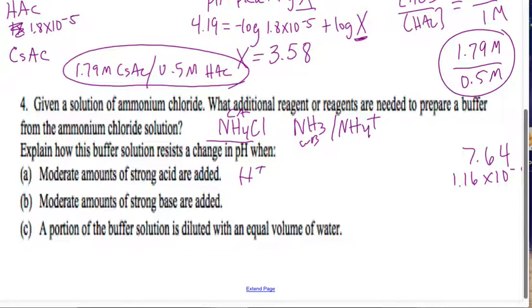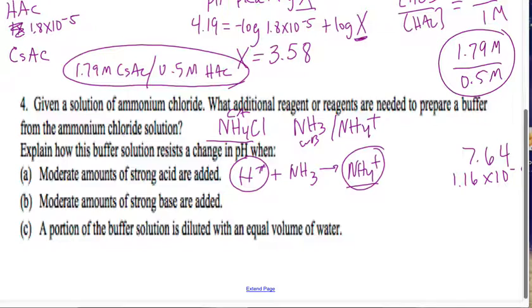So moderate amounts of strong acid. What is that going to react with in our buffer system? NH3, and it's going to make NH4+. We turned a strong acid into a weaker acid.